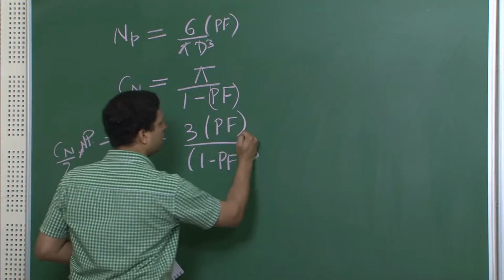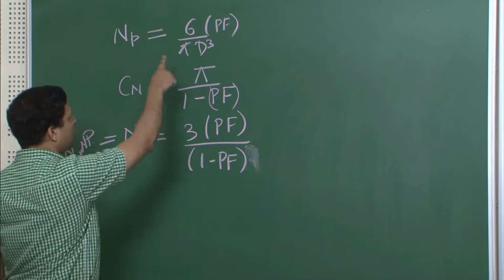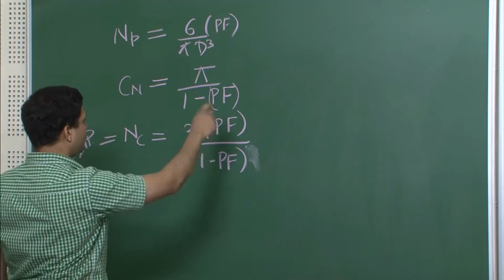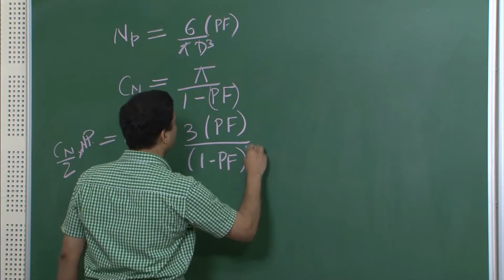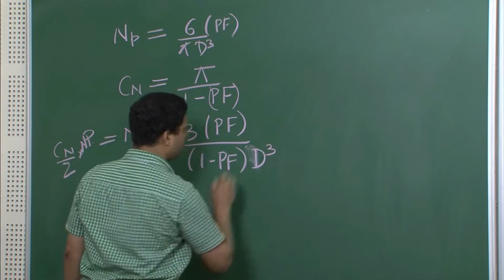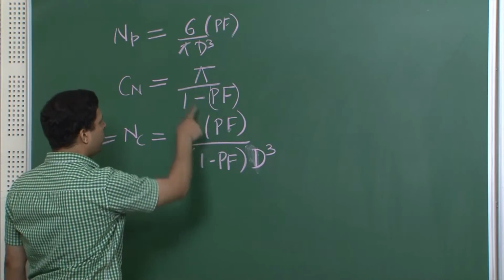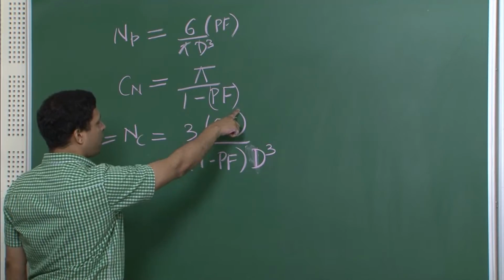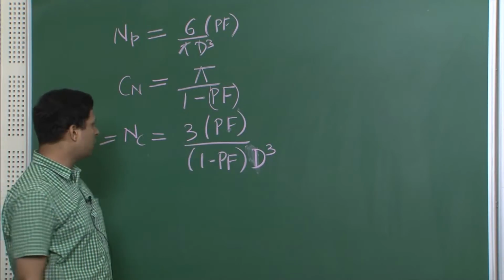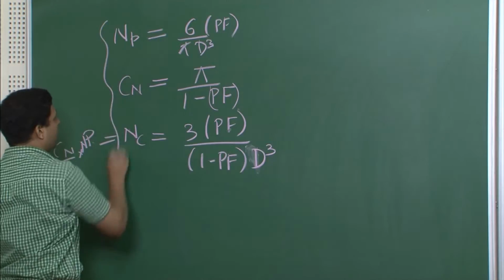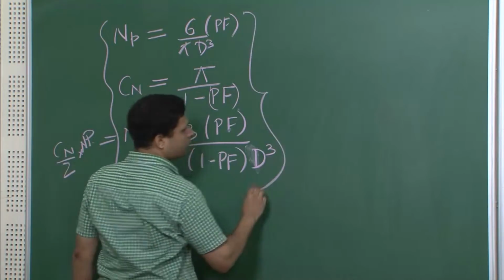Actually, there is no cube over here. So, this should be 3 Pf by pi d cube, not 1 minus Pf cube. So, this is 3 Pf by d cube, pi gets cancelled, and you also have this 1 minus Pf factor.